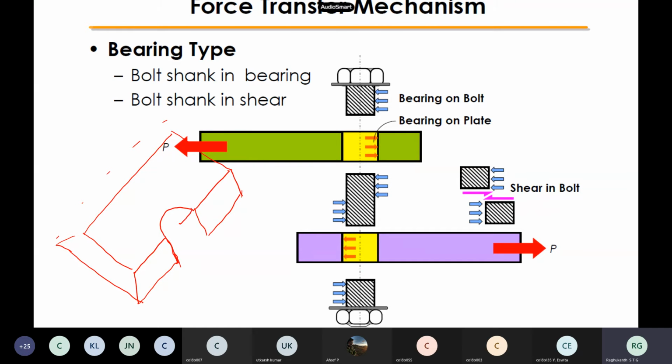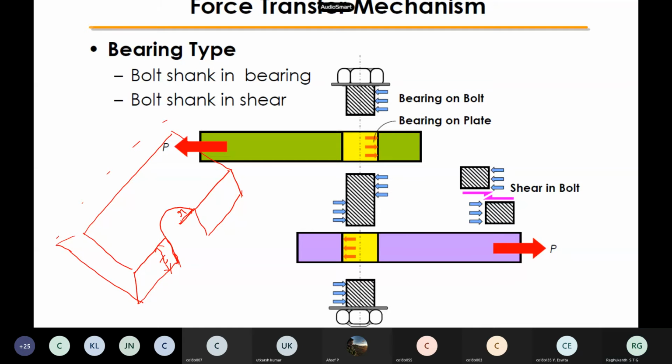If d is the diameter of the hole, or r is the radius, and t is the thickness of the plate, which is this quantity, what will be the bearing area? How is the load getting transferred from the plate to the bolt, or bolt to the plate?